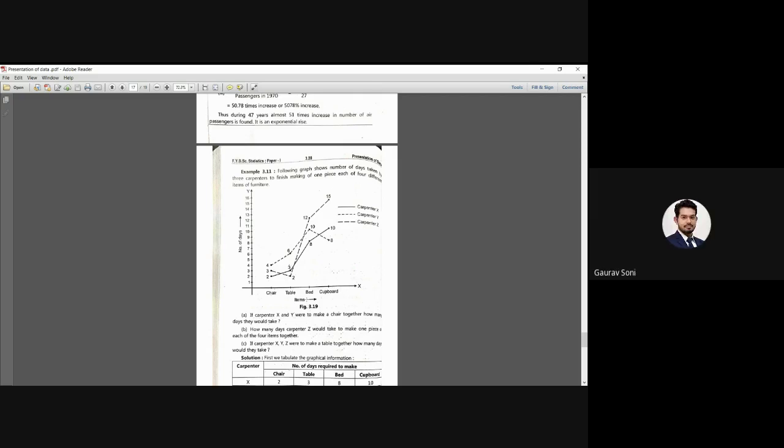If in the first match a player scores 2 runs, and in the next match he scores 50 runs, what is the percent increase in his runs? So 50 minus 2 is 48, and 48 divided by 2 is 24, which is a 2400% increase. That is the way we do the calculations.